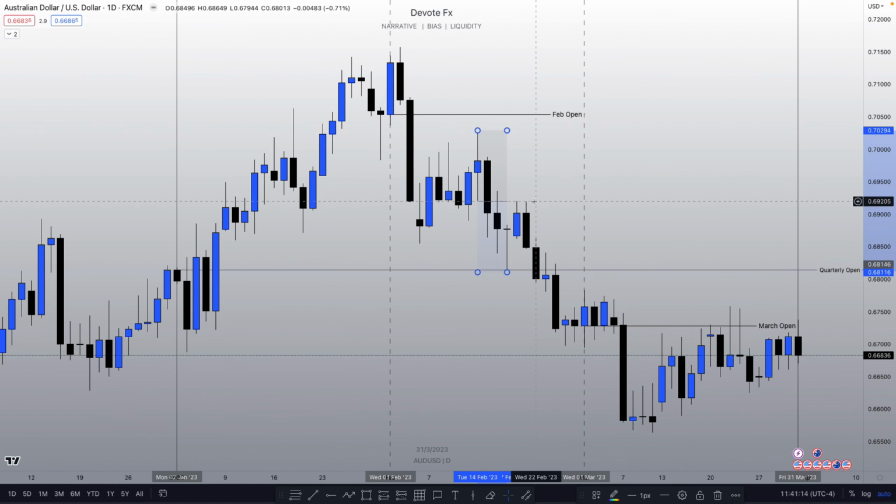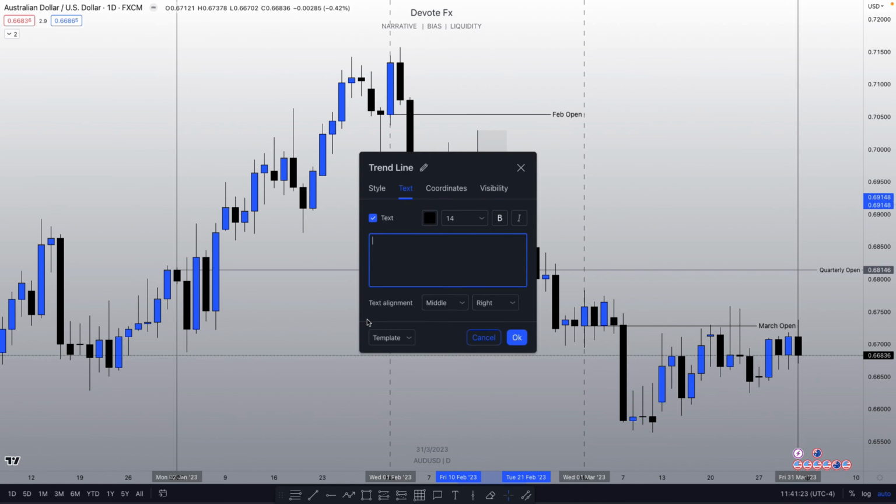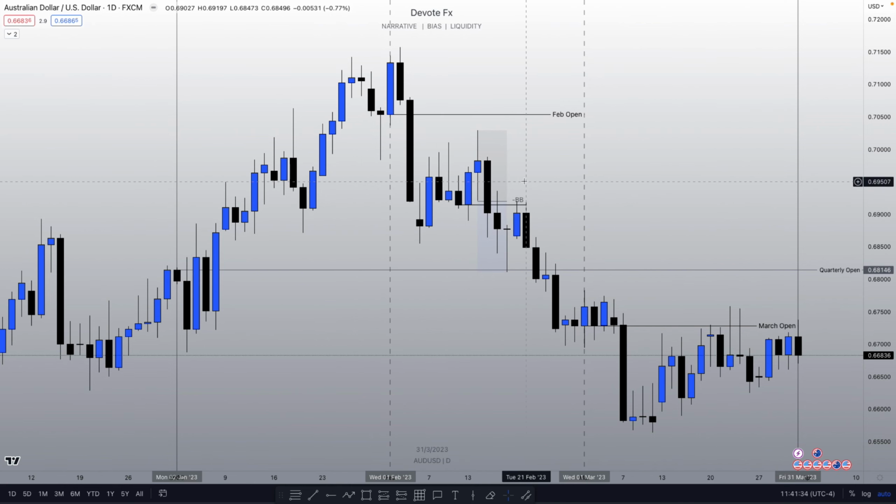Dealing range, equilibrium, tapped to the pip. Breaker block. Trade idea.